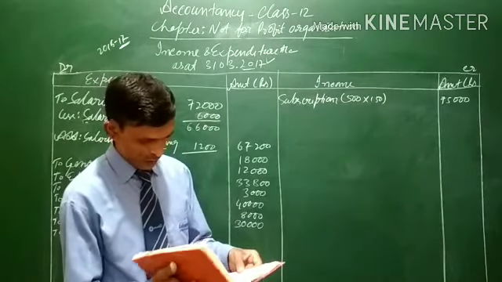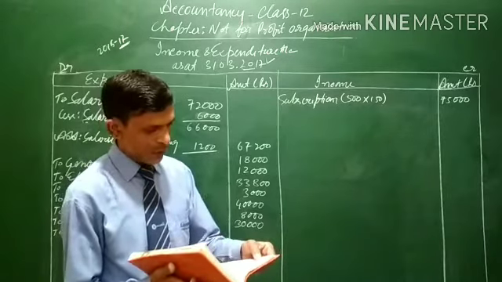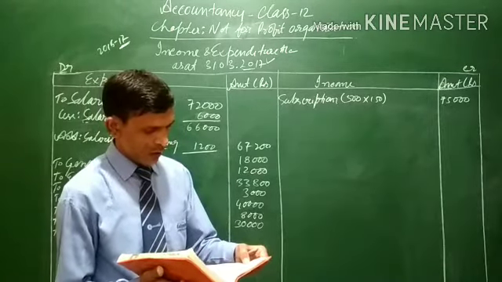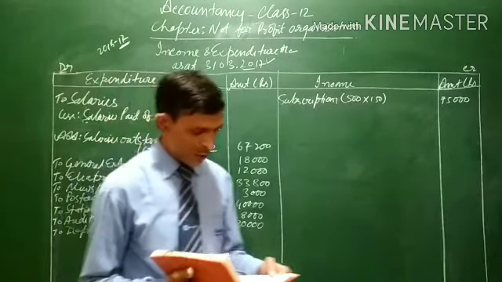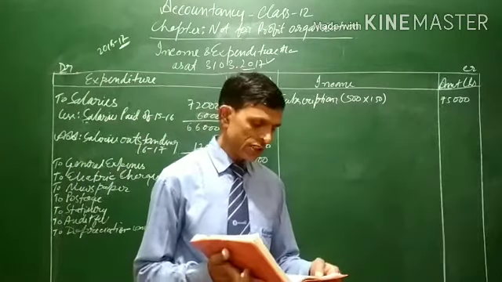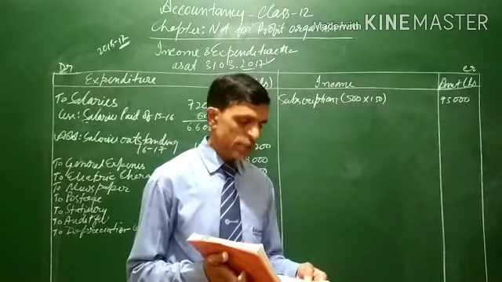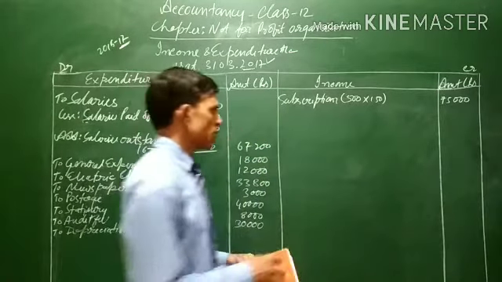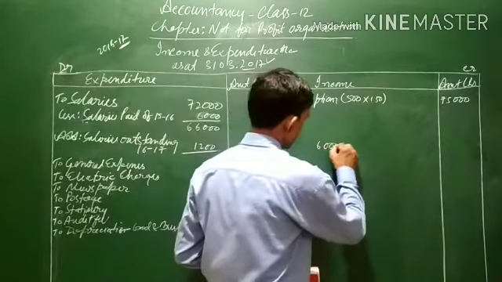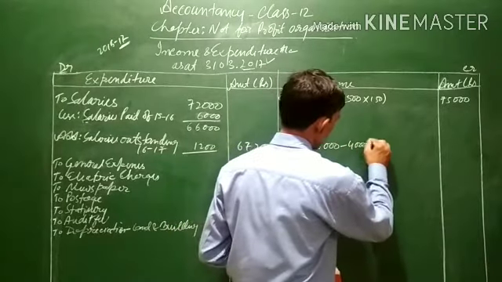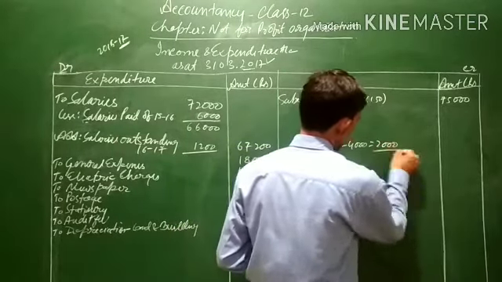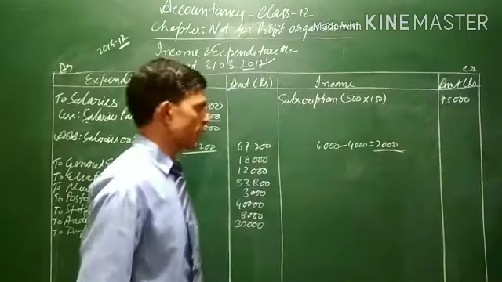Now next is the income side. We will go through the sale of furniture. One important point to be noted is that in the receipt and payment side, it is mentioned the sale of old furniture costing rupees 6,000 and it has been sold for 4,000. So 2,000 is a loss for the organization.